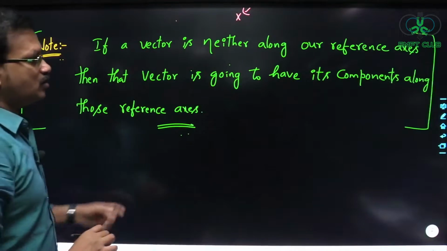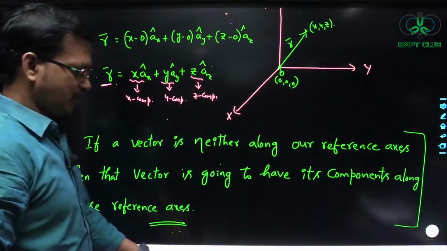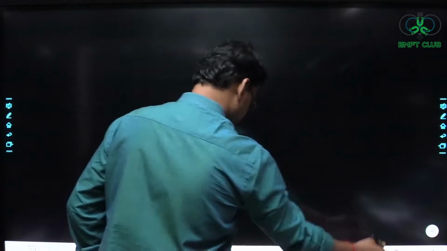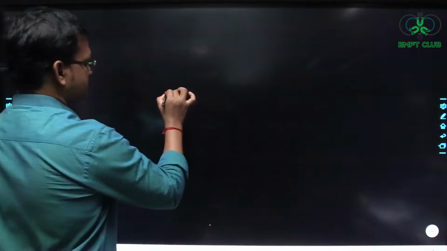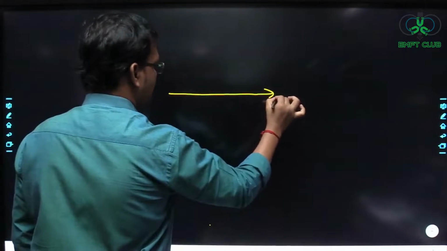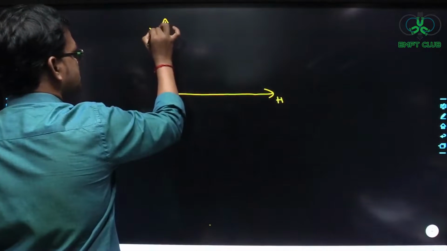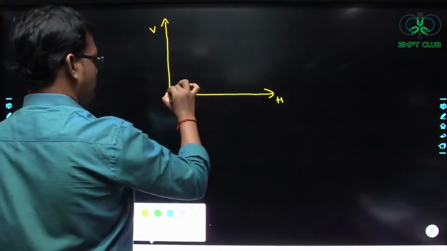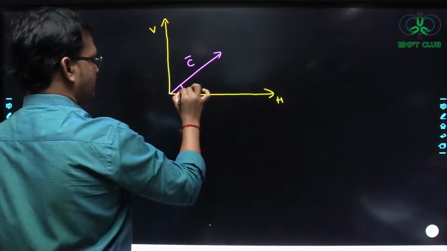Okay, now see here. I am moving on to the next page. We have considered the horizontal axis and the vertical axis, and here we have considered C bar, and this angle is theta.